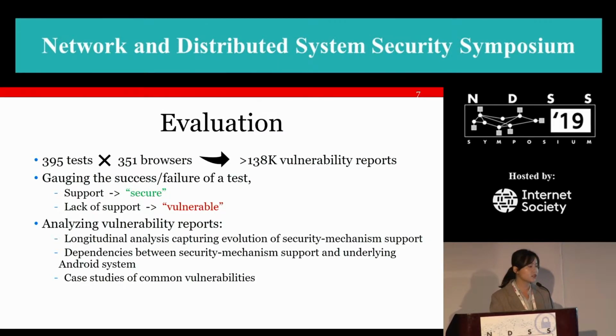First, we take a longitudinal study to capture the evolution of security mechanism support over time. Second, as many mobile browsers are built using the WebView, the component that enables mobile apps to load web content, we analyze how the security mechanism support is related to the WebView and underlying system. Finally, we take a few case studies over the common vulnerabilities found in the paper.